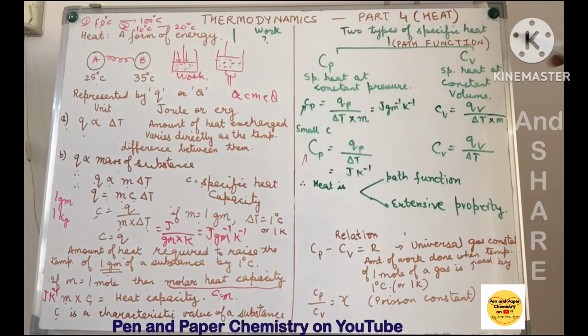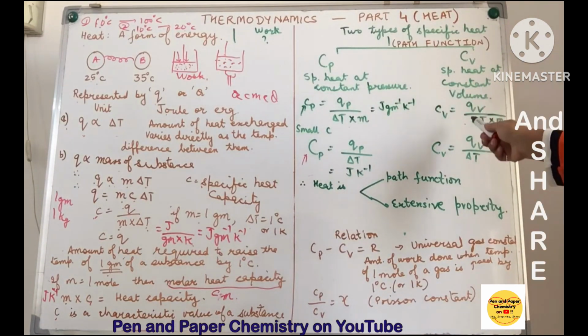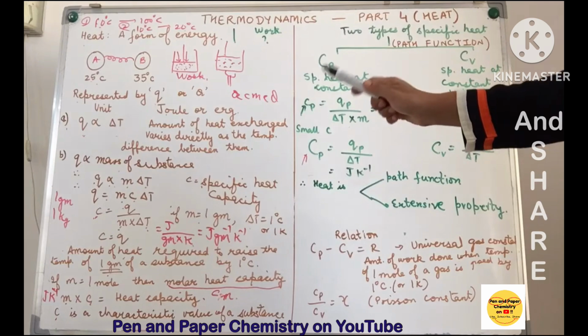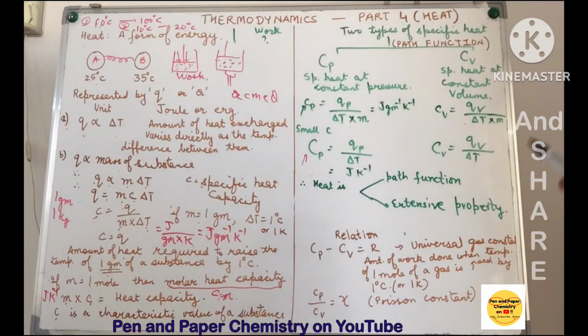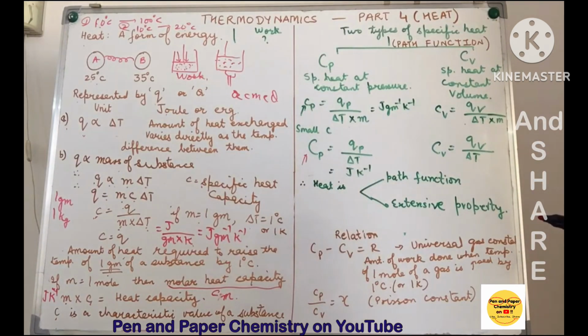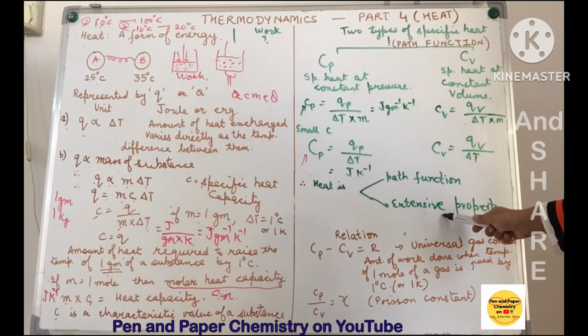Again, we come back to specific heat at constant pressure, constant volume. Only thing is the factors are remaining constant. Looking at the overall picture, we know that heat depends on the mass of the substance taken. In the first video, we had discussed extensive and intensive properties. A property which depends upon the amount of substance taken is an extensive property. So heat is an extensive property.